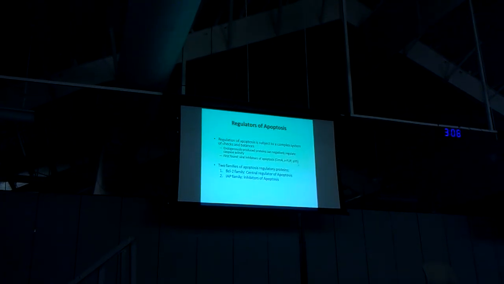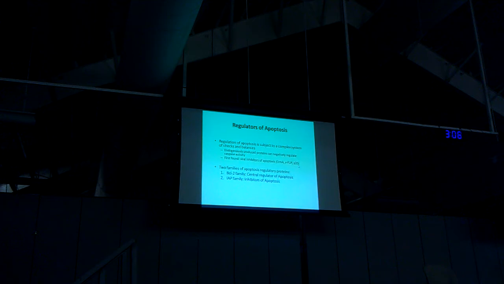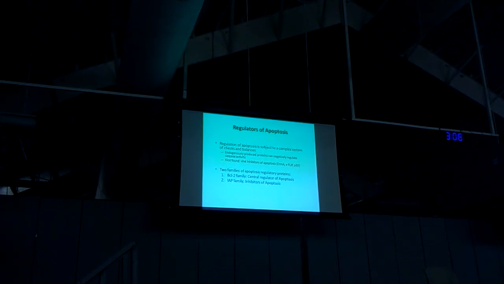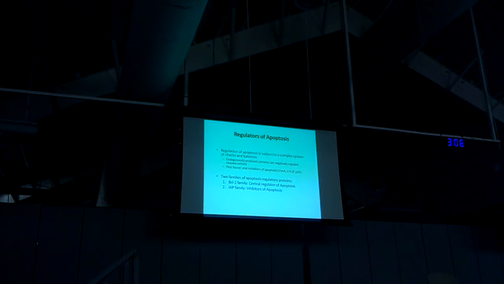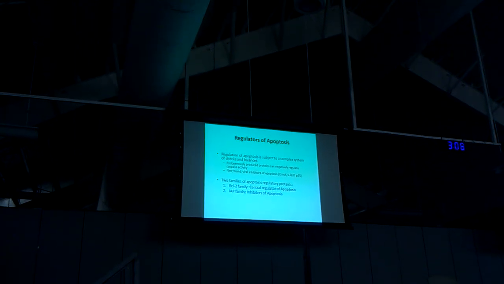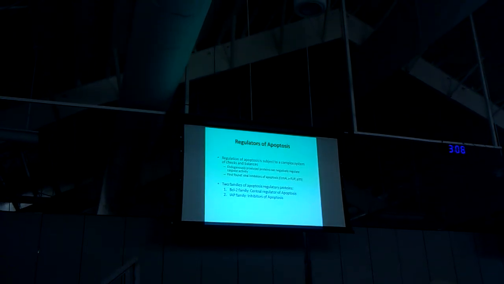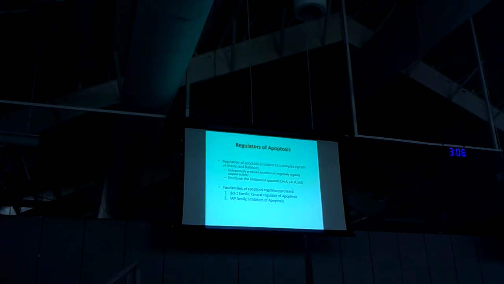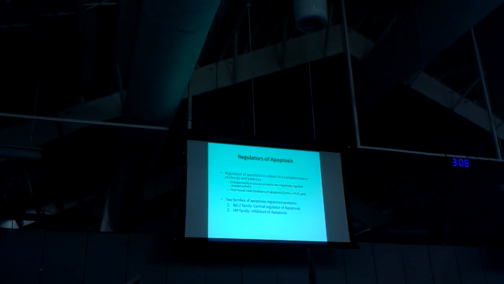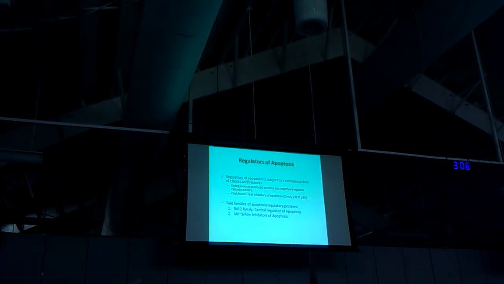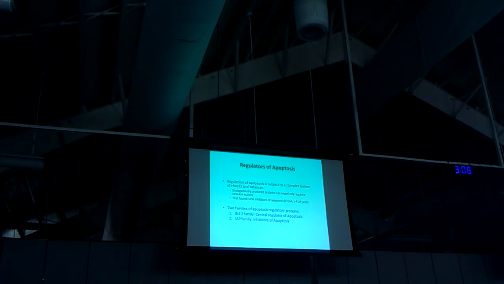And over here, p35 is another example from baculovirus. Once they found these inhibitors, they were able to look for analogous proteins in the mammalian genome. The way they work is by negatively regulating pathway activity. They've been broken down again into the IAP or the BCL2 family.